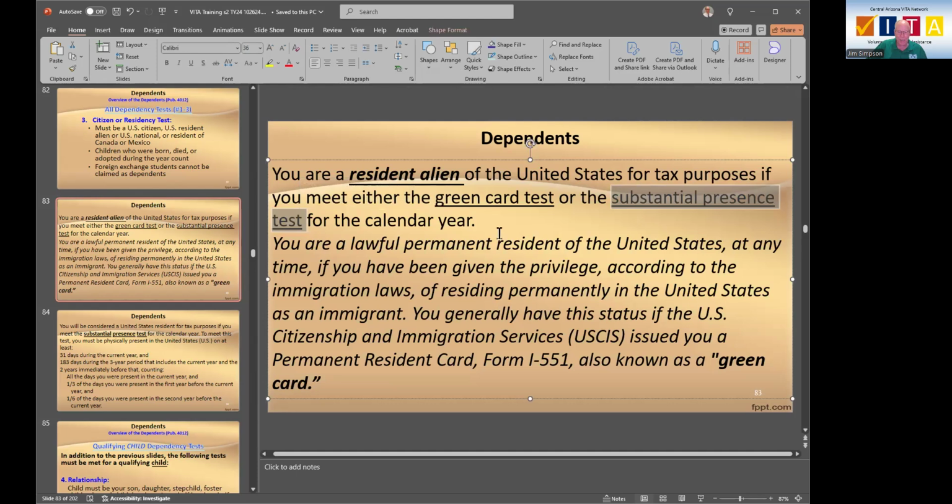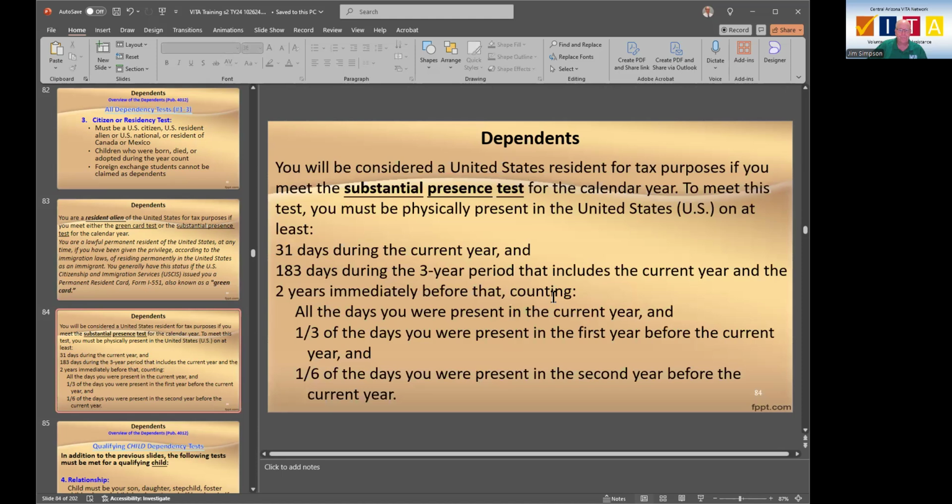I won't go over all of that right now, but if you're a lawful permanent resident of the United States at any time, meaning you've got a green card, you're a permanent resident, you're treated as a U.S. citizen for tax purposes. You have to file a 1040. You have to claim your worldwide income for that. This can get a little bit complicated, but for our purposes, we need to determine whether they're resident aliens, U.S. citizens or not.